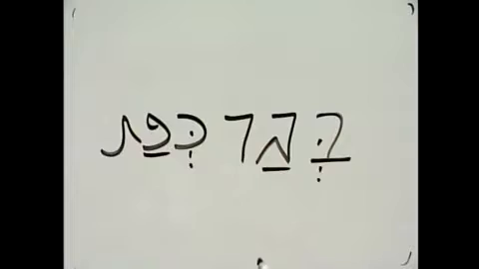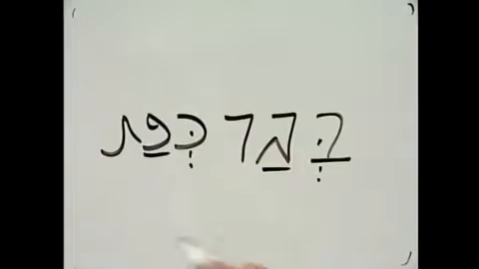Begadkefat. And so I'm going to refer to something called begadkefat letters, and that's these 6 letters that will admit a Dagesh lene. It's only these 6 letters that can have a Dagesh lene in them, and so you need to remember this term because we will use it quite frequently. Begadkefat letters.